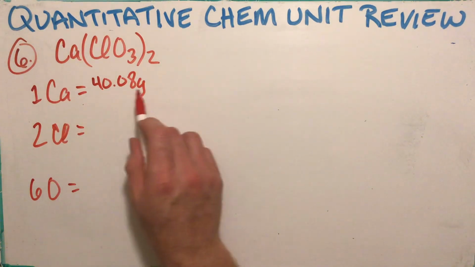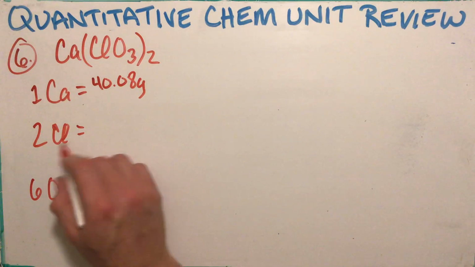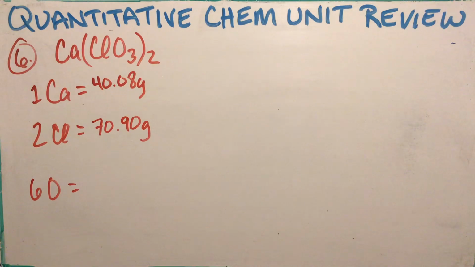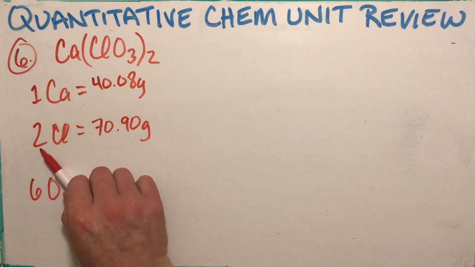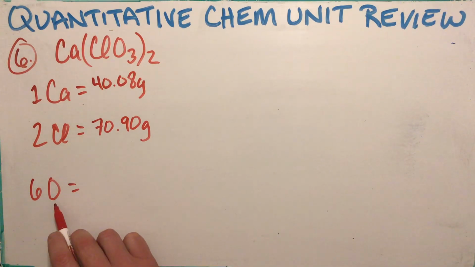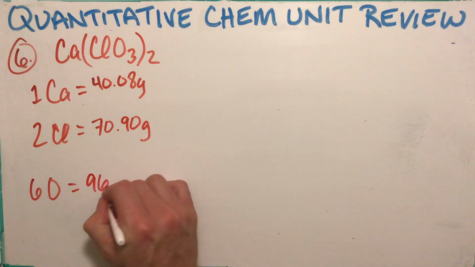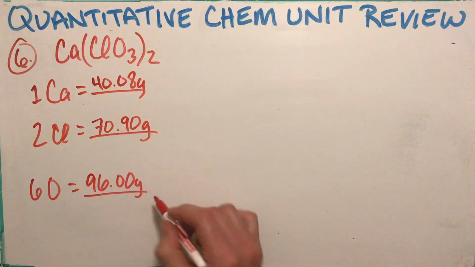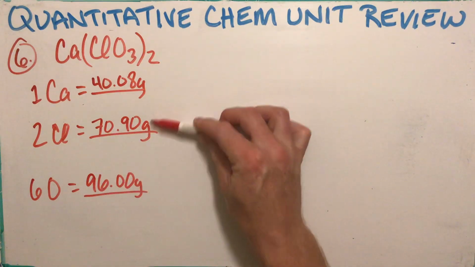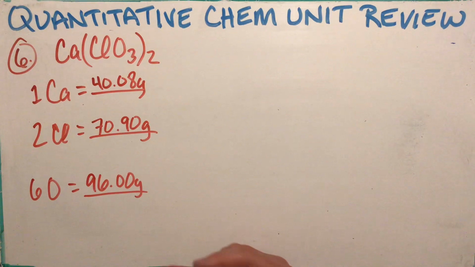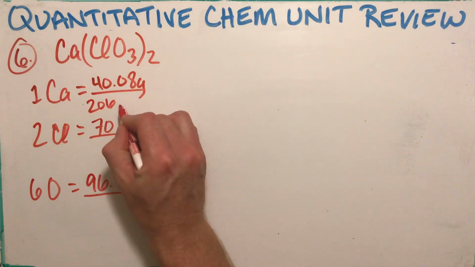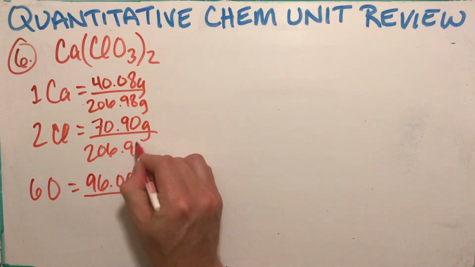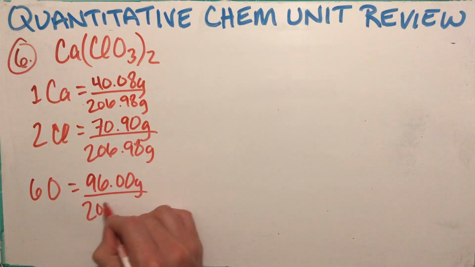So 1 calcium is 40.08 grams. 2 chlorines, that's 35.45 times 2, which is 70.90. And then each oxygen is 16 times 6, that's 96. So I always find my 3 individual masses first, and then I add these 3 numbers to get my total. And the total when I add those 3 is 206.98. And then I just put 206.98 underneath each one.